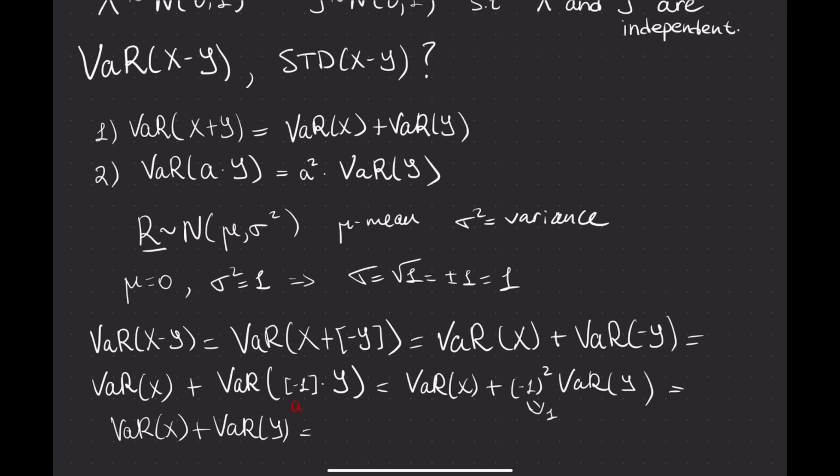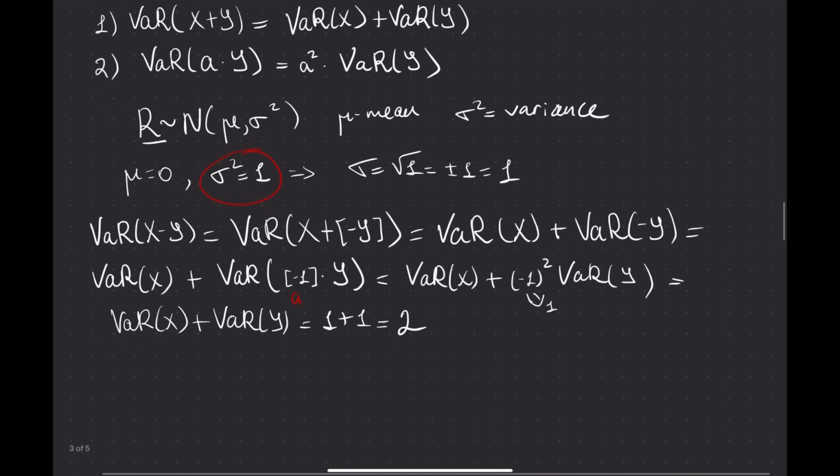And here it is. The variance of x is 1. And the variance of y is also 1. As we've said, they have the same parameters. So the variance of the difference of two random variables is the same as the variance of the sum of two random variables and equals 2.